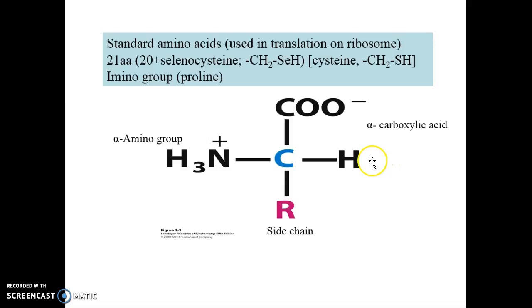We are looking at the common structures of the 21 standard amino acids.